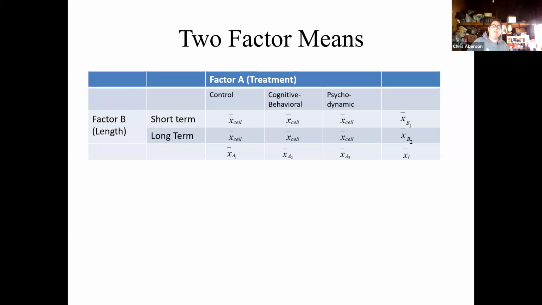The cells are just those combinations that we see there. Short-term in cognitive behavioral, that's one of the cells. So we have 6 cells here. Some sources will further note this with A1B1, A1B2. I prefer not to go that deeply into the notation.